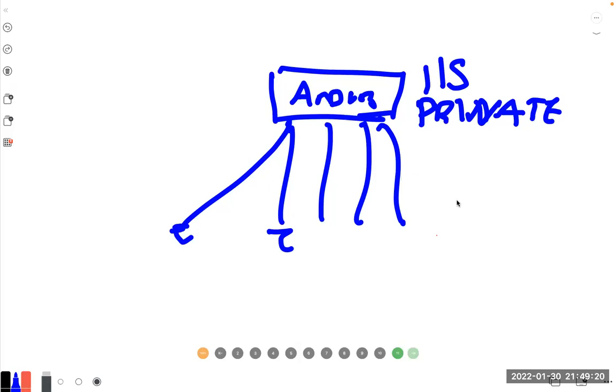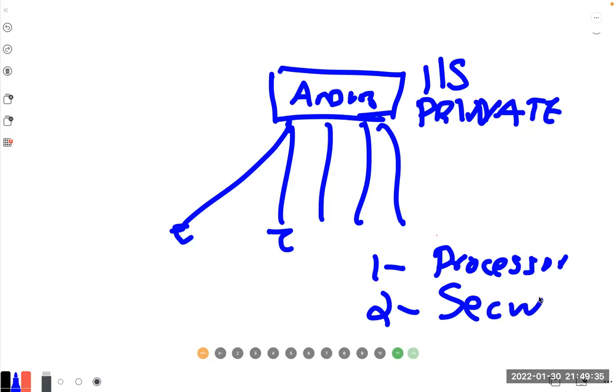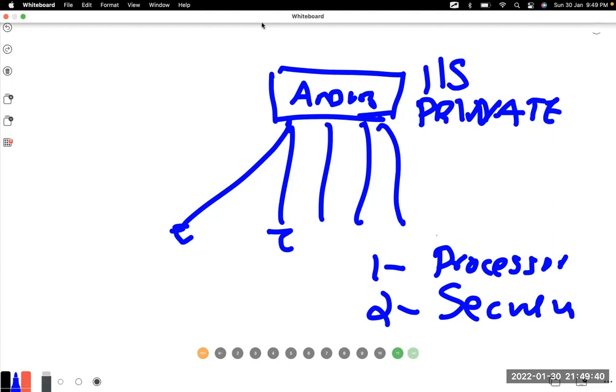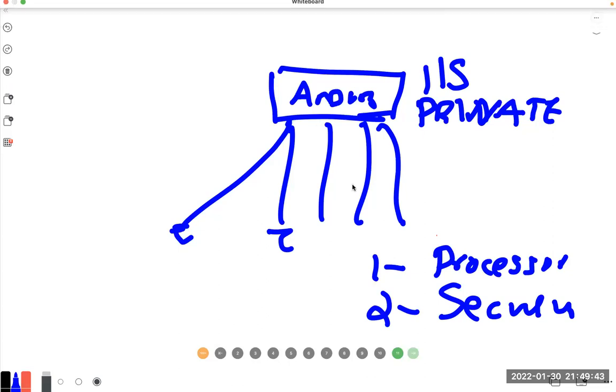So there are two things that you must notice in this case. One is the processor. The other one is security. The processor issue is, I told you, the most difficult task is to decrypt something.